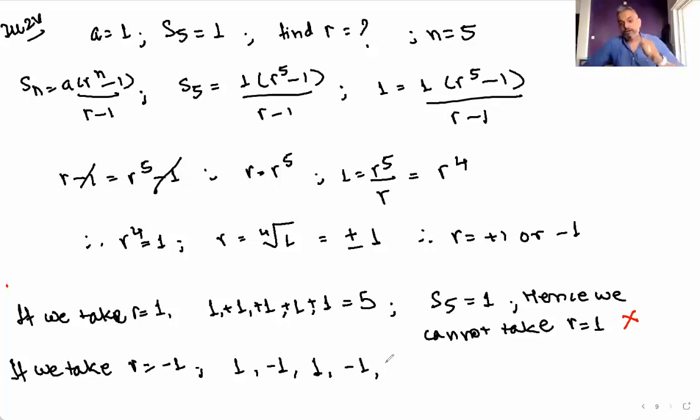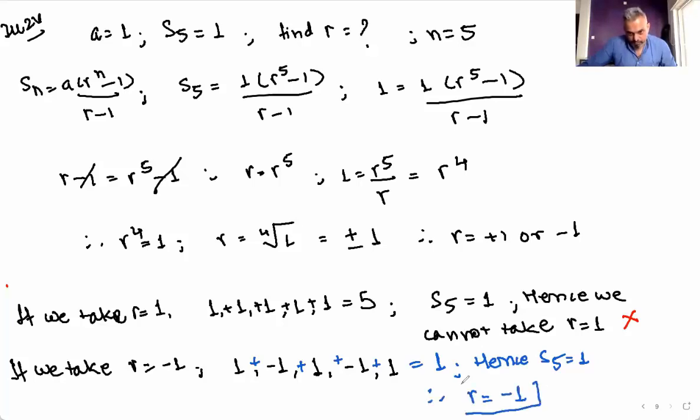And minus 1 into minus 1 is again plus 1. If we add all of them, what will we get? Minus 1 plus 1 cancels, minus 1 plus 1 cancels, leaving 1. Hence S5 is equal to 1. Therefore, r is equal to -1. Answer.